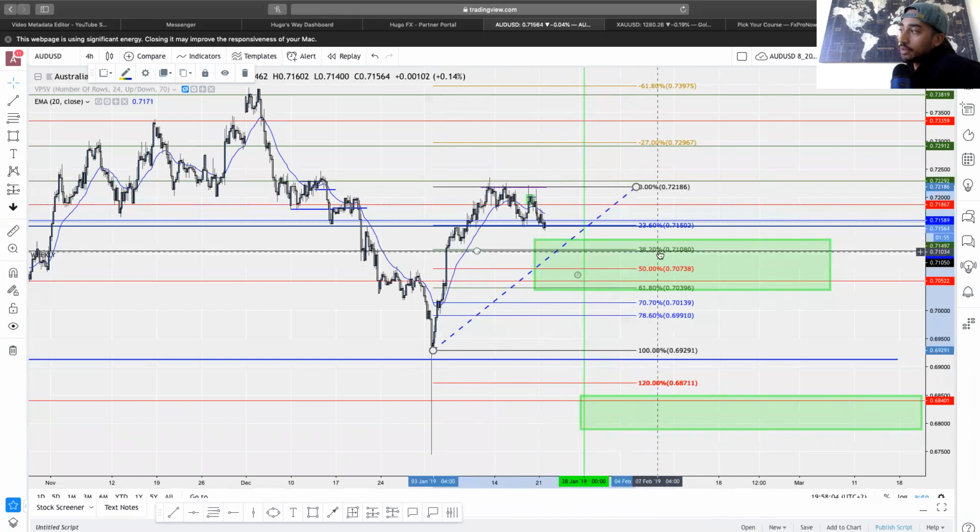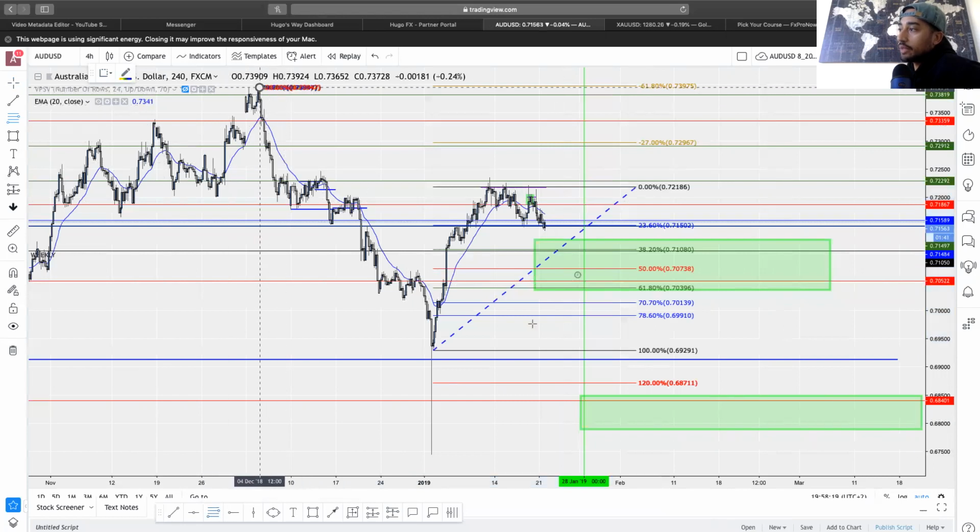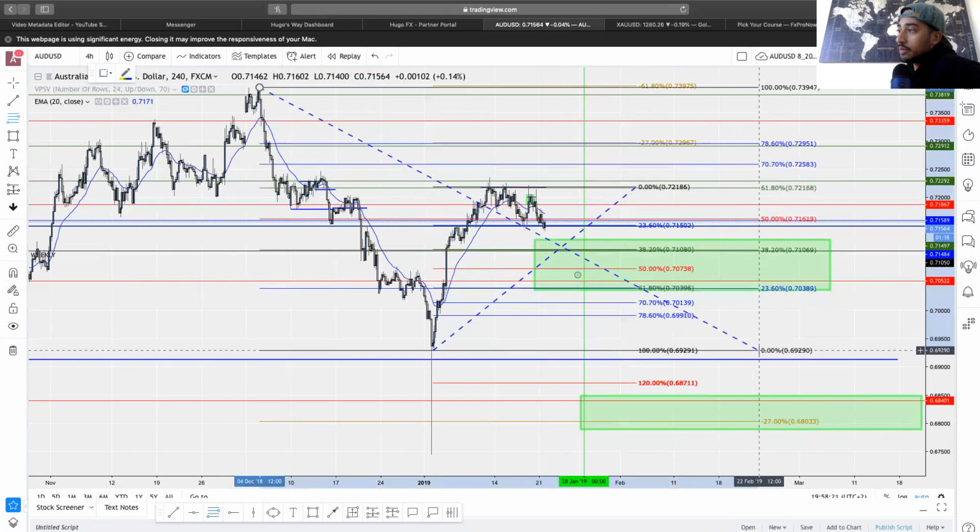What's cool about this 38.2 area is that it's in confluence, meaning two things are happening at the same point, with my weekly key level. So I have one take profit at point A over here and point B over here. Point C is this negative 27%, so continuing to the downside. No matter what, it's going to continue to the downside.